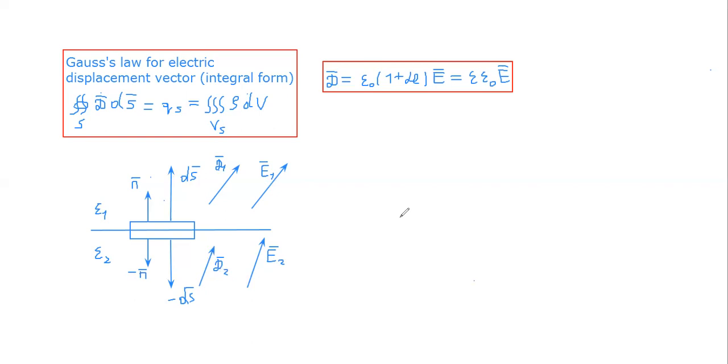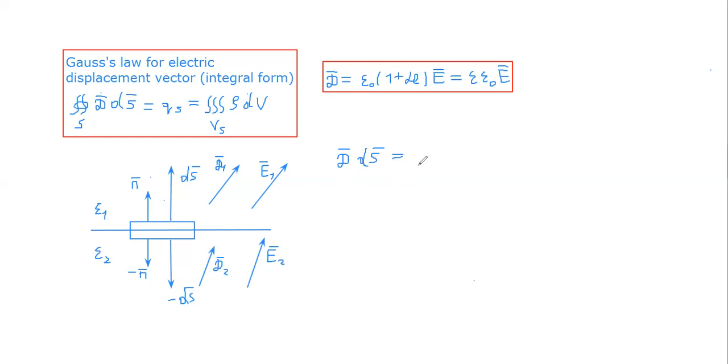And let's use Gauss's law for the electric displacement vector. According to this law, we have dS. There is no surface integral because the cylinder is infinitely small. Because of this, we have no integral here.